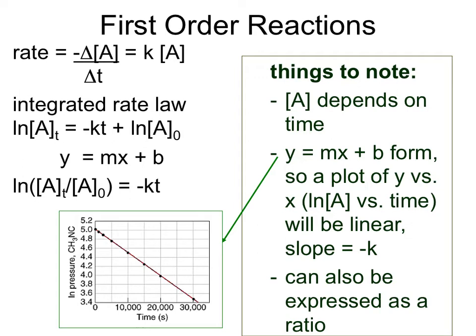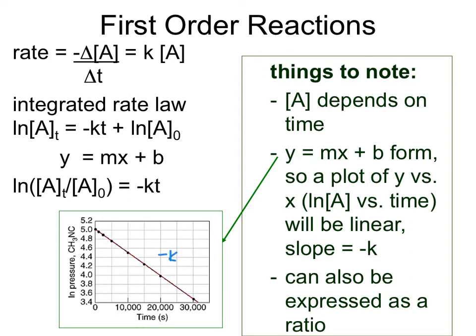But if we were to take data such as concentration and time from, let's say, an experimental procedure, and we were to take the natural log of our concentration and put that as our y-axis and our time as our x-axis, if we have a first order reaction, we will get a straight line with a slope of negative k, right?